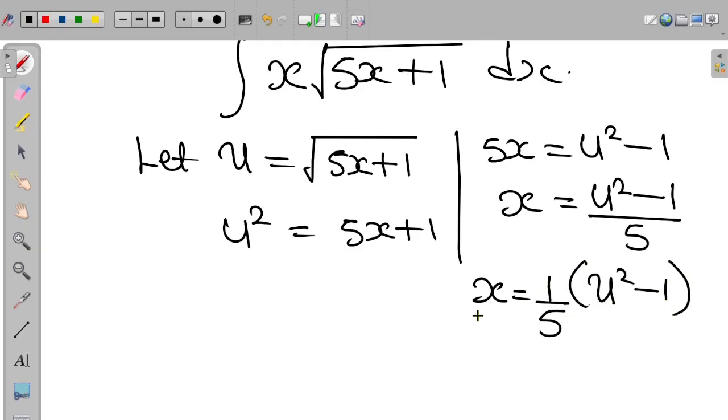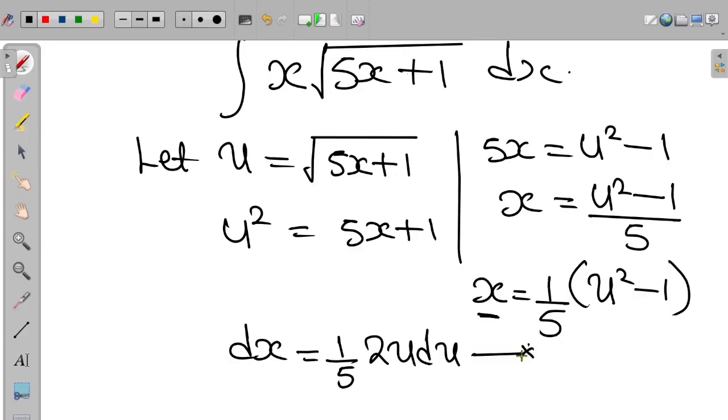So at this point, we can differentiate the x. So we have that dx will be equal to 1 divided by 5, 2u du. So we have been able to obtain the value for dx.